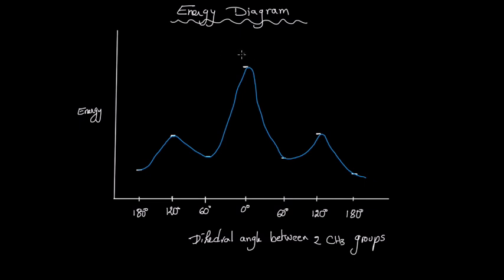On this energy diagram I have three eclipsed conformations, and you can see that they are the most energetic ones, and I have 3 staggered conformations, and they are lower in energy.